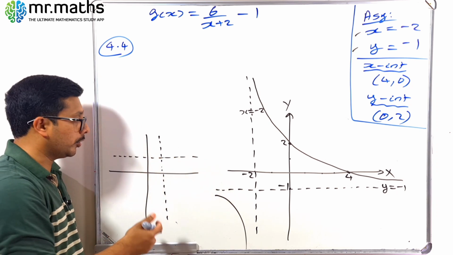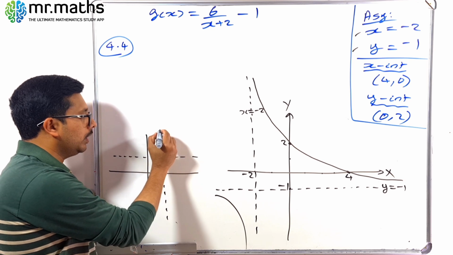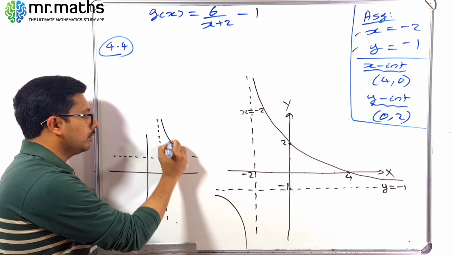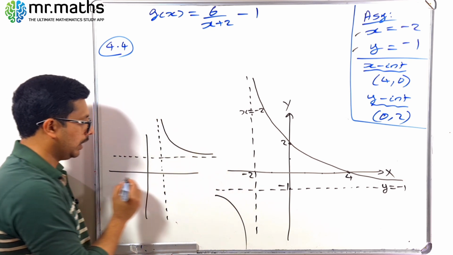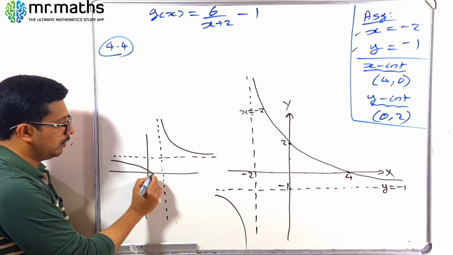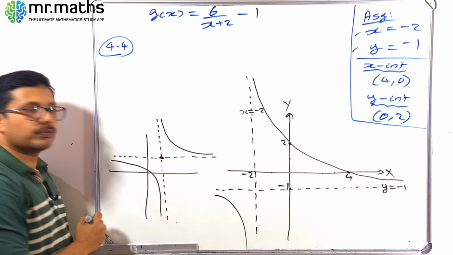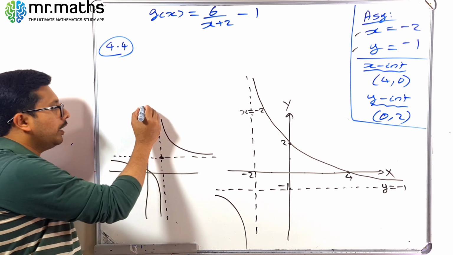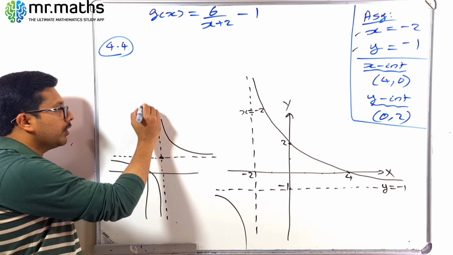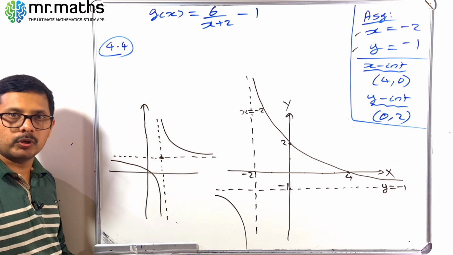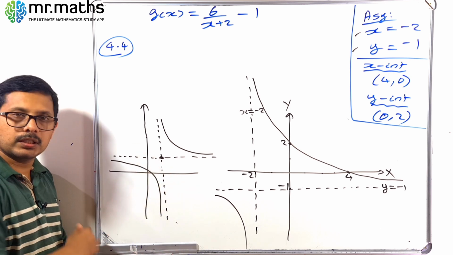Okay, whatever point, doesn't matter. So here this is the graph, and here, okay, so this is the intersecting point of the asymptotes. Now what type of graph is this? It's a hyperbola, am I right? You can see the shape of the graph.